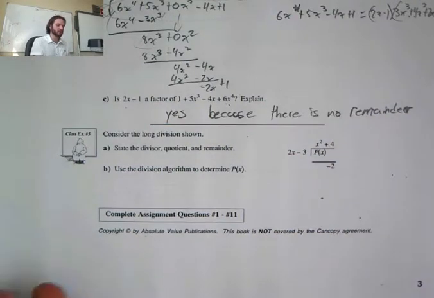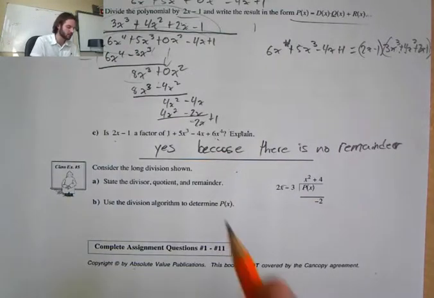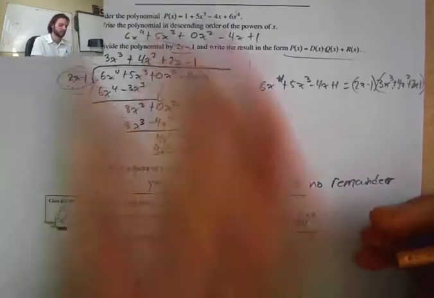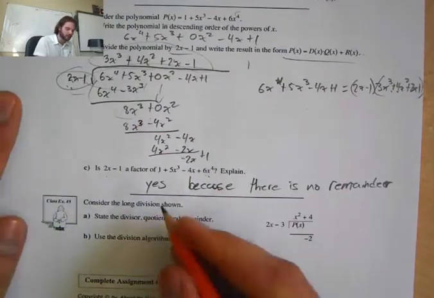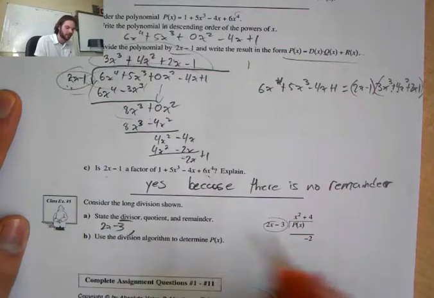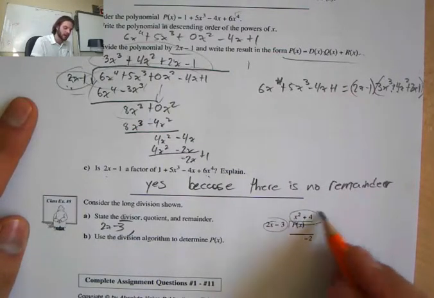Alright, next one it says state the divisor and quotient. Okay, so what is the divisor and what is the quotient? My divisor is 2x subtract 3. Then we want my quotient. My quotient is going to be x squared plus 4.